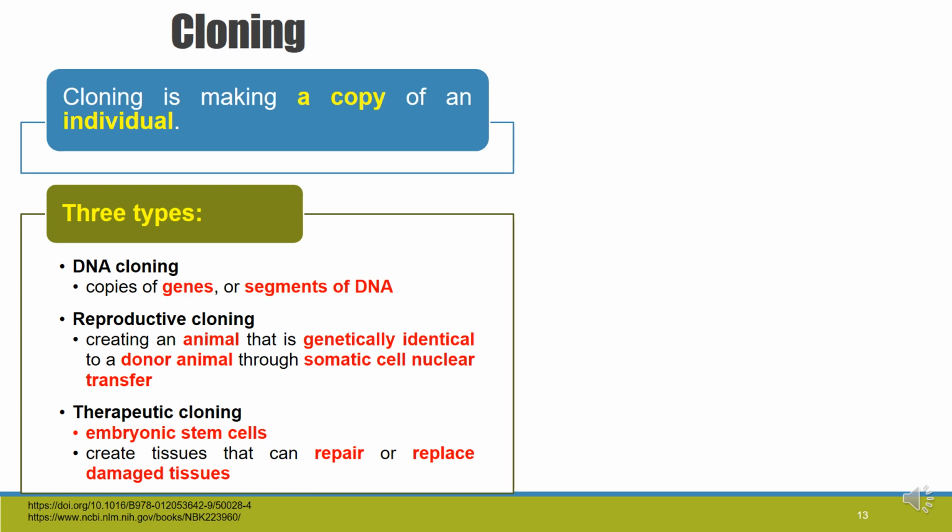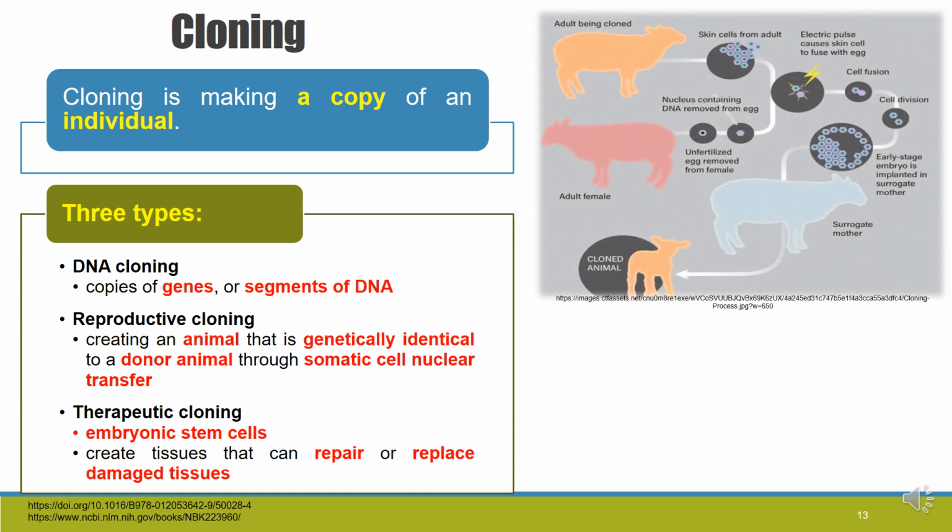Cloning. Cloning is a process of making a copy of an individual. There are three types of cloning, which are DNA cloning, reproductive cloning, and also therapeutic cloning. DNA cloning is the process of making copies of genes or segments of DNA, whereas reproductive cloning is a process of creating an animal that is genetically identical to a donor animal through somatic cell nuclear transfer, as you can see in this figure.